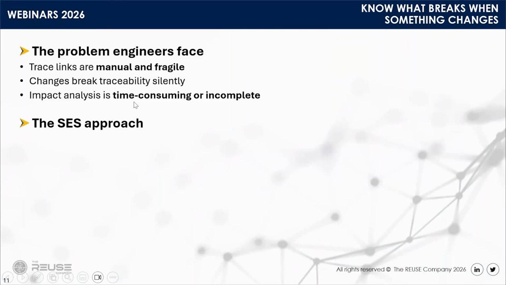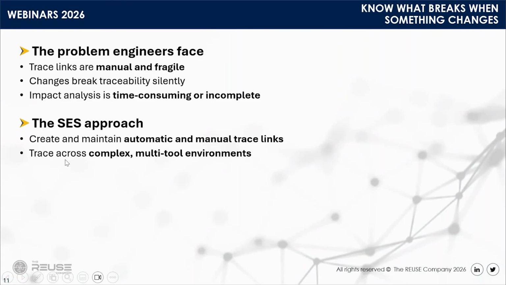The SES approach, which helps to cater these problems. First is create and maintain automatic and manual trace links. Second, trace across complex multi-tool environments. Third, keep traceability consistent as data evolves.